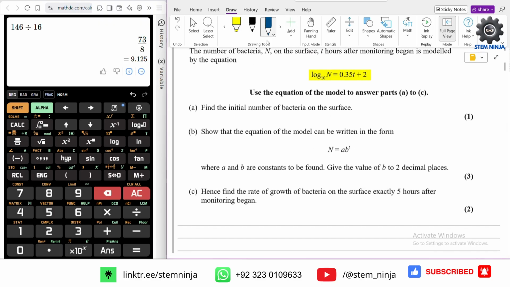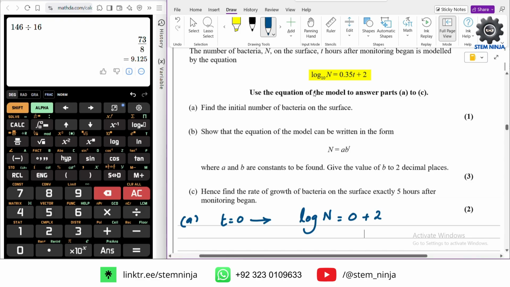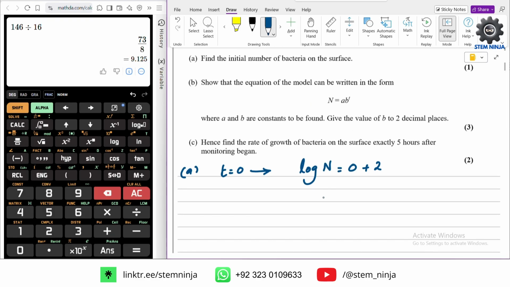So when t is 0, when t is equal to 0, you will have log n equal to 0 plus 2. So basically log n is going to be 2. Basically that means that n is equal to 10 raised to power 2, which is 100.